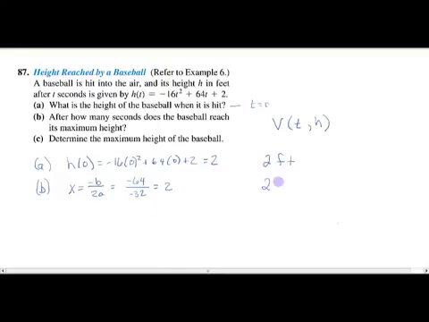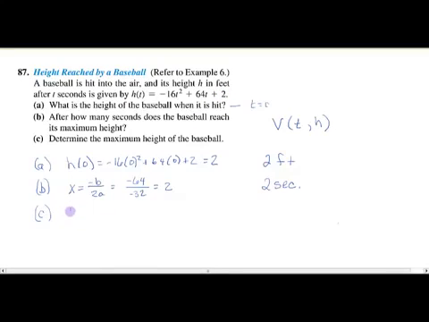And part C, determine the maximum height of the ball. So the maximum, again, it's asking for something about the vertex, and it's asking for the height, and we've identified that the height is the y part of the vertex. So we'll put in the x part of the vertex back into the function and find the y part.